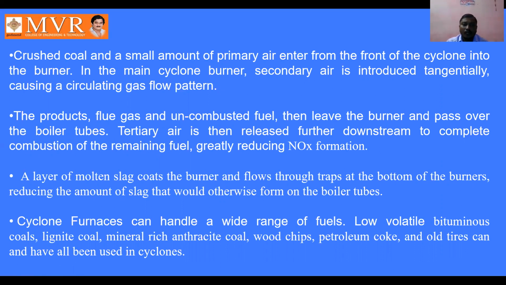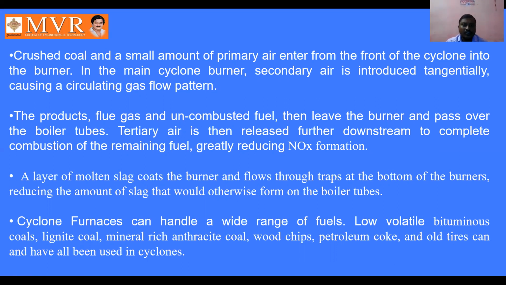In the main cyclone burner, secondary air is introduced tangentially, causing a circulating gas flow pattern, as we have studied in the unit system as well as in the central bin system, where we have both primary air and secondary air. The secondary air is used for completing the combustion fully.